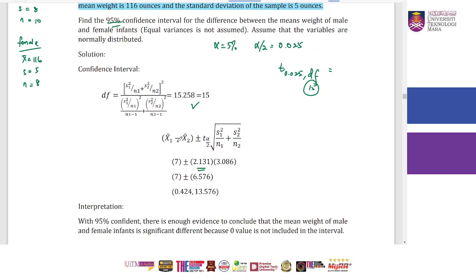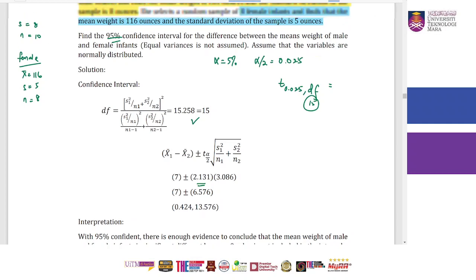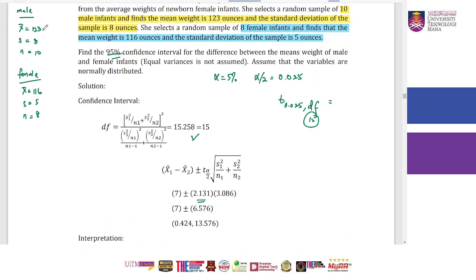Okay, and then X bar 1 minus X bar 2, where do we get it from? We get it from the values 123 minus 116. So this one is 123 minus 116, which gives you 7. Okay. And then this S1 is S1 squared, so this part becomes the square root of S1 squared over n1 plus S2 squared over n2.